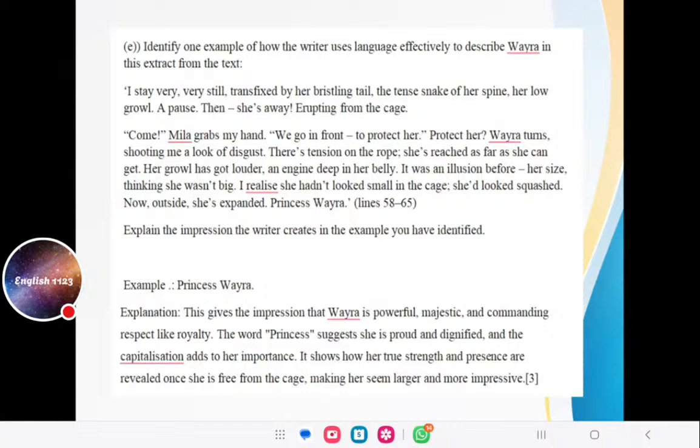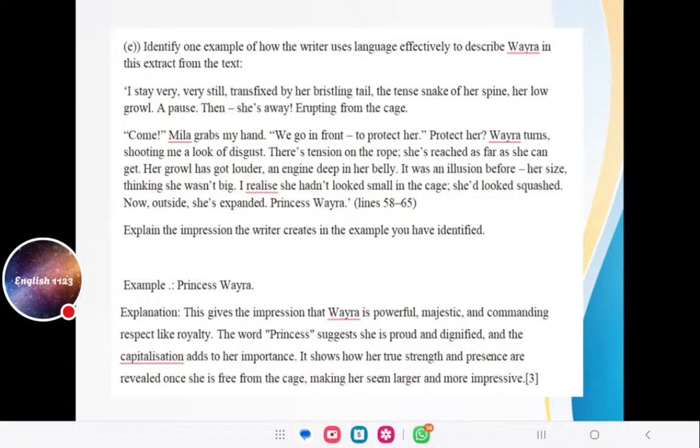Look at this now. Identify one example of how the writer uses language effectively to describe Vera in the extract from the text. So this extract is given, and the most attractive or interesting example that I could find was Princess Vera. I chose that example, I have written it here, and then I have explained it.